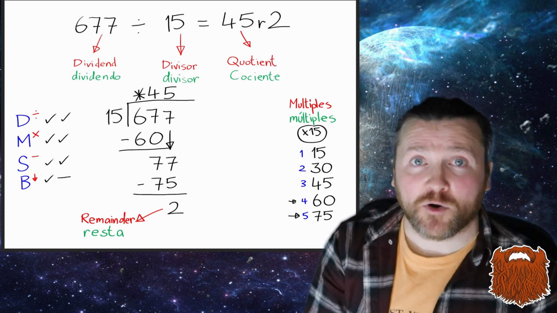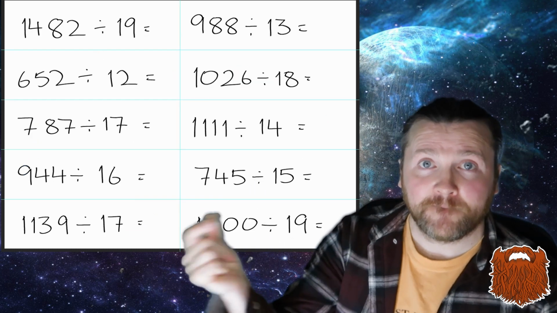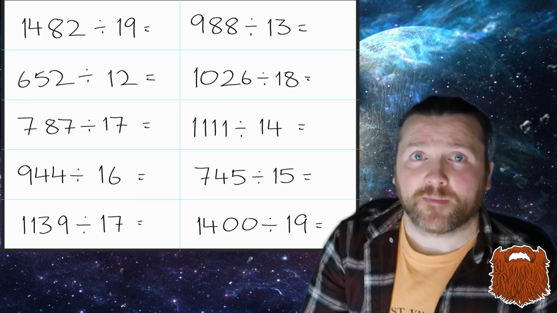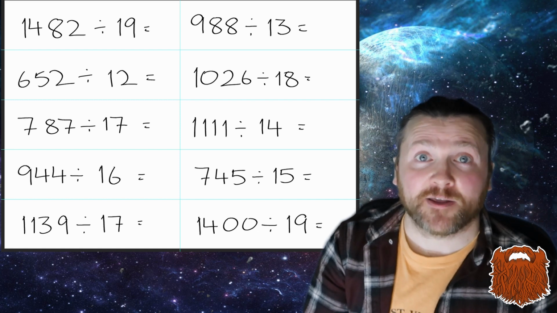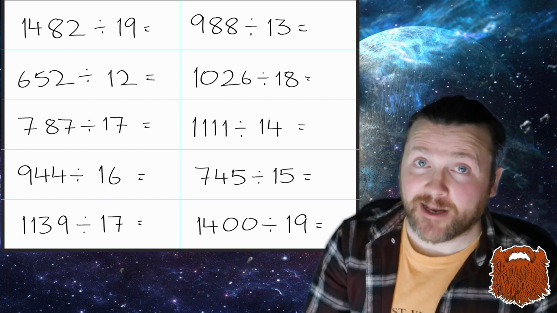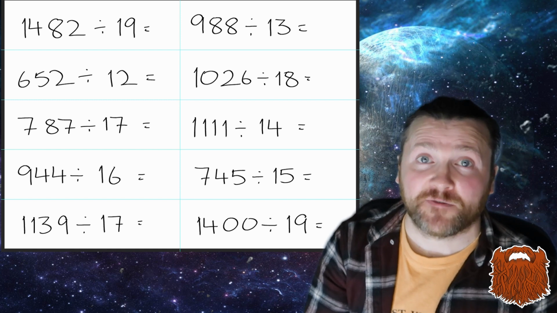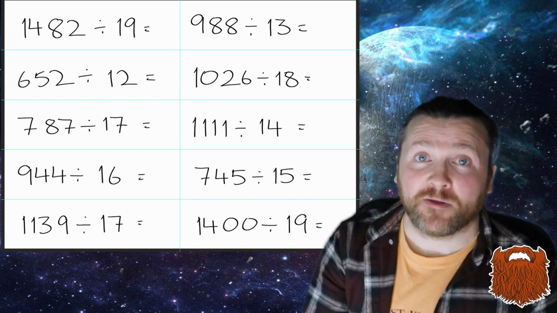Your 10 problems for homework are... okay. You can take them down there, and when you've done them, I'd like you to email me the answers, the calculations as well. So if you just take a picture on your phone and send it to me, I would be very happy.